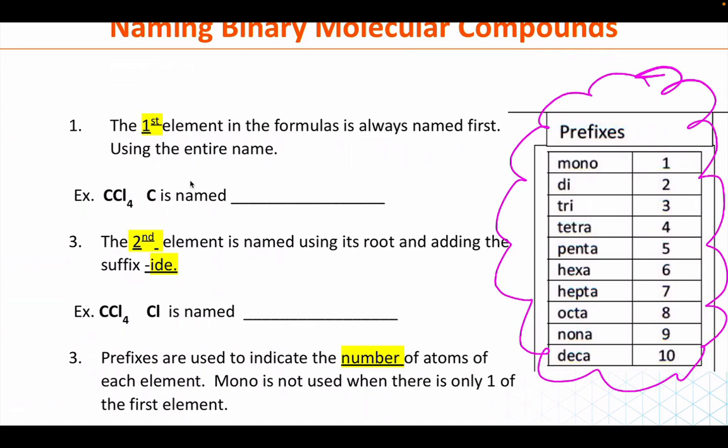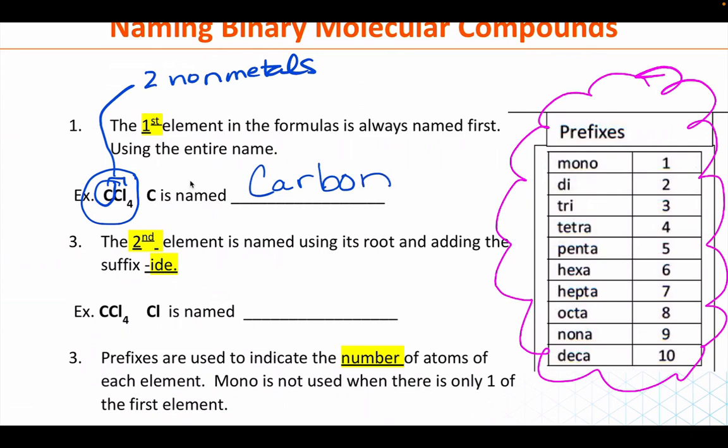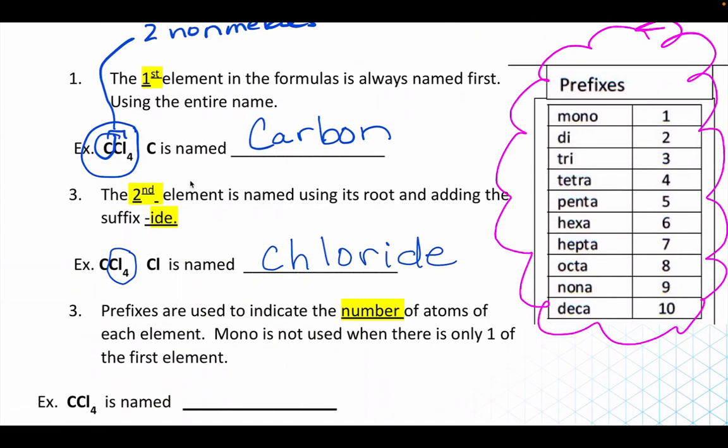But before we do that, let's look at this compound. This is a molecular or covalent compound because these are both nonmetals. When you have two nonmetals together, the first element, the carbon, just gets named carbon. Nothing changes about it. And then the second element, like we did with ionic, will change the suffix to "ide."